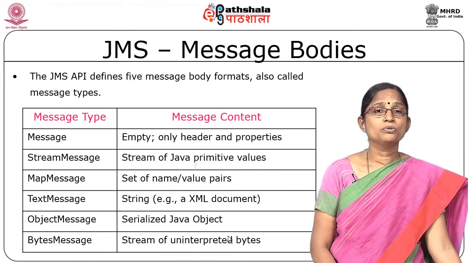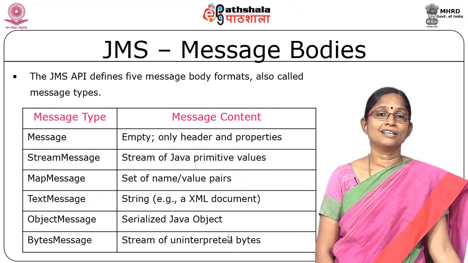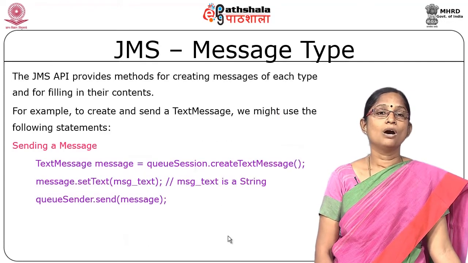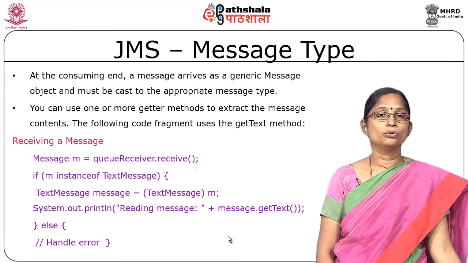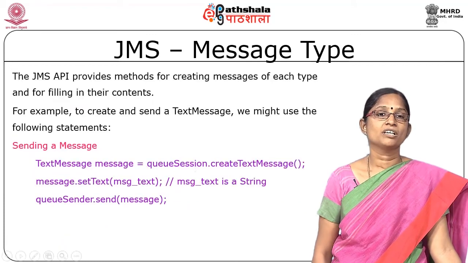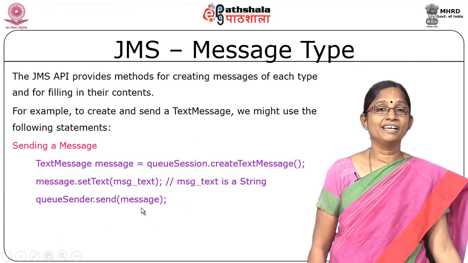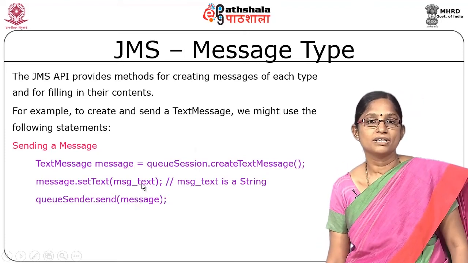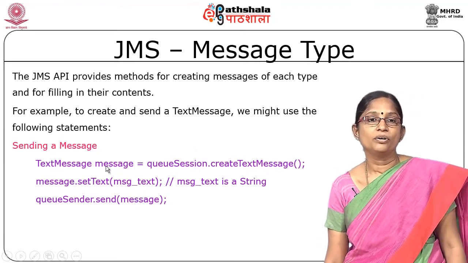Now, using this JMS message, we have seen the types of message, formats of message, everything. Now, let us look at how to send a message as well as how to receive a message. So, for example, if we want to create and send a text message, we can use the following statements. First, we want to create a message.